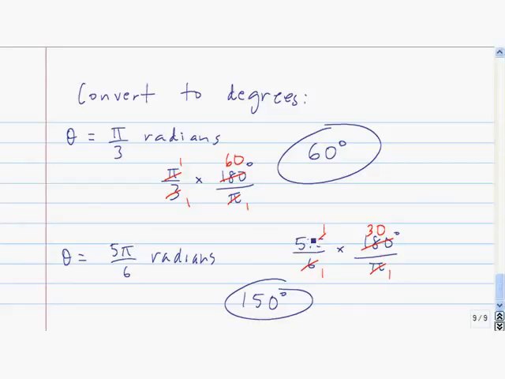For the next one you should have gotten 150 degrees. So we have 5 pi over 6 times 180 degrees over pi. The 6 goes into 180 30 times, and the pi's cancel. So we have 5 in this numerator times 30 in this numerator, which gives us 150, and we have 1 in both denominators. So we have 150 over 1, or 150.